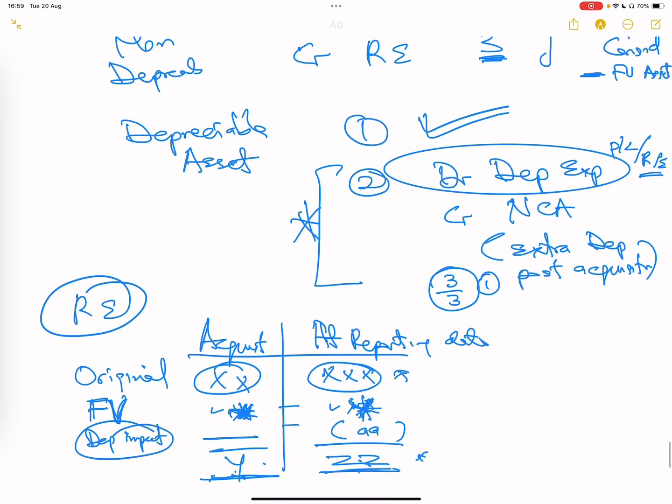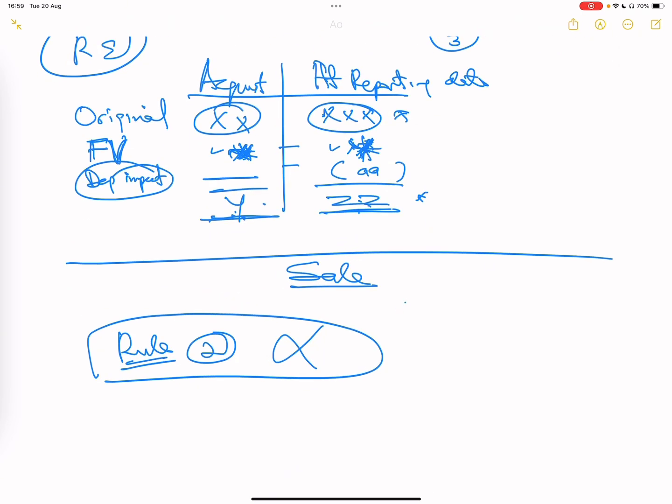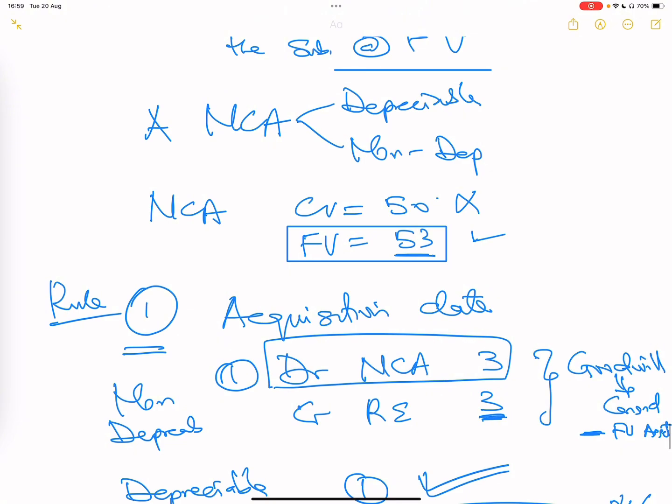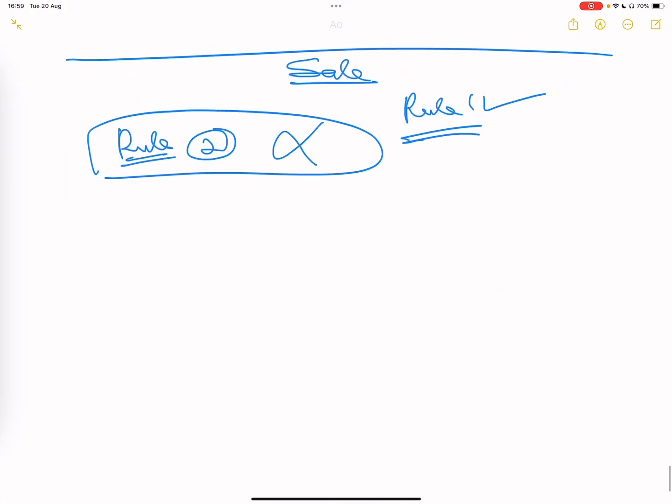But rule 1, you still have to do it anyway because rule 1 is about acquisition date. You need to post the adjustment on acquisition date, which is debiting NCA and crediting retained earnings. Regardless of what happens after, once the item is sold, everything will have been posted and gone into profit or loss account. So it is no more a requirement because the item does not exist on reporting date.